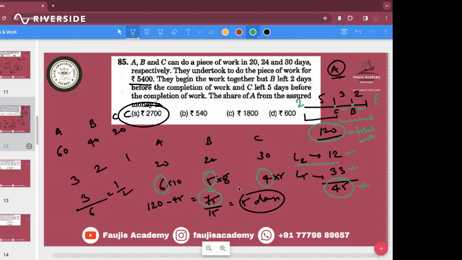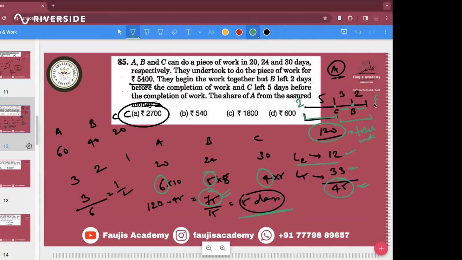Right, Abhikaran? Yes, sir. And in a single day, they were working how much? 6 plus 5 plus 4, 15 units of work. So they worked for 5 days together to complete 75 units of work from here to here. Yes, sir. Isn't it? So now we have distributed proportionally.